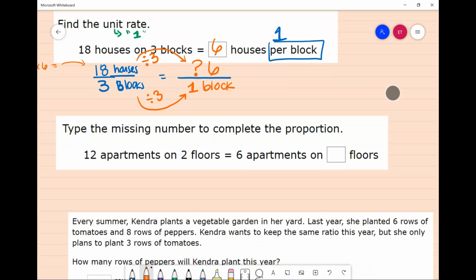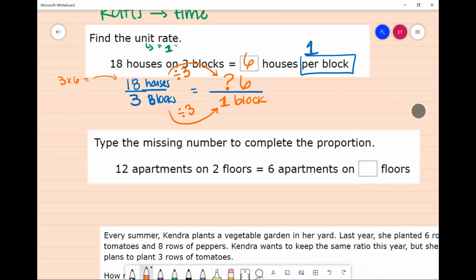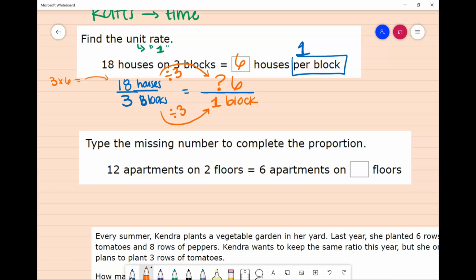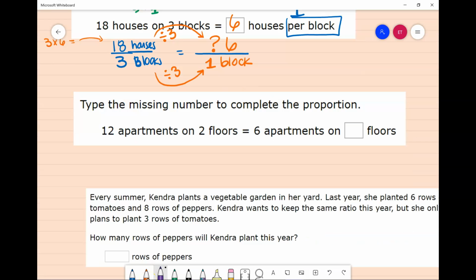Let's look at an equivalent rate. So now we're going to look at the second problem. We need to find the missing number in order to complete the proportion. 12 apartments on 2 floors is equal to 6 apartments on how many floors? So what I can do to solve this problem is set up a proportion, like we've been doing since the beginning of school.